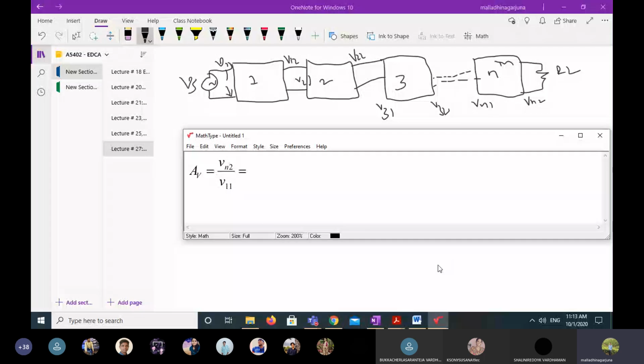Clear? So this I can convert. Vn2 divided by Vn1, into Vn1 divided by V11.